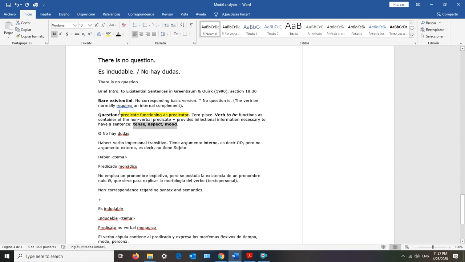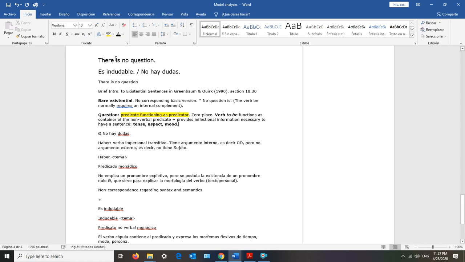Therefore, we have a non-verbal predicate question, which is zero place. So it has no argument structure. It selects for no referring expressions, right? Semantically, it is just fine by itself. However, in order for us to have a sentence, we need the verb to be, to function as container of the non-verbal predicate and to provide the inflectional information that is necessary to have a sentence. That is tense, aspect, and mood.